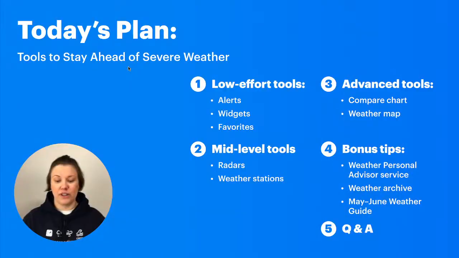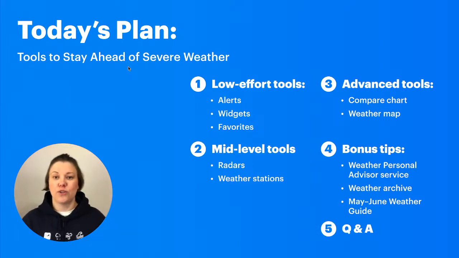I'm going to tell you a little bit about our plan for today. I decided to divide all the tools to track severe weather into 3 categories. The first one is what I call low effort tools. You have to just set it up once and then it's going to continue working with no effort on your side. Then there are the mid-level tools in terms of effort. Those are radars and weather stations.